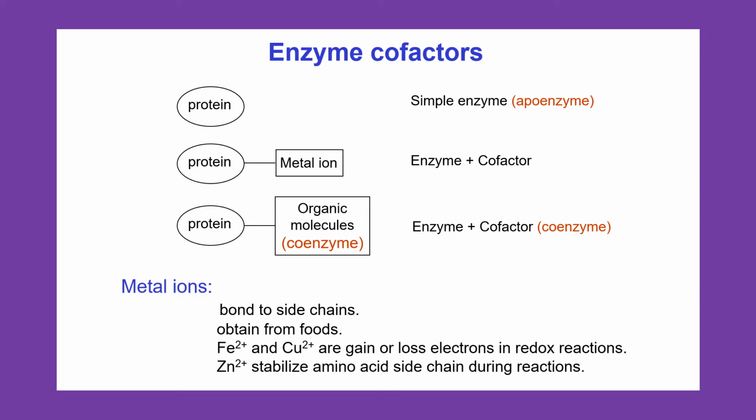Ions such as ferrous and copper are used by oxidases because they lose or gain electrons in oxidation or reduction reactions. Other metal ions such as zinc stabilize the amino acid side chains during hydrolysis reactions.